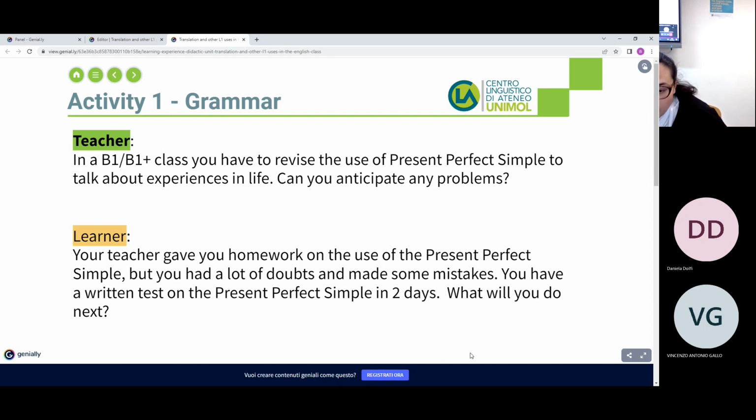regole. But in this case, maybe translation is a good way of showing the students the difference, of emphasizing the difference. Yeah. The use of the present perfect simple compared to Italian. So the translation could be very useful. Yeah, in this case, sì, infatti, e questo è quello che stavamo osservando e lo riporto per gli altri.